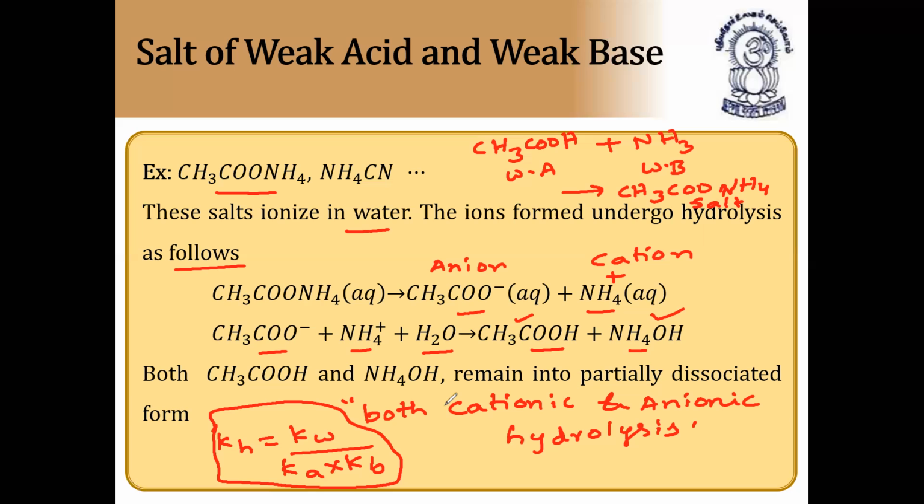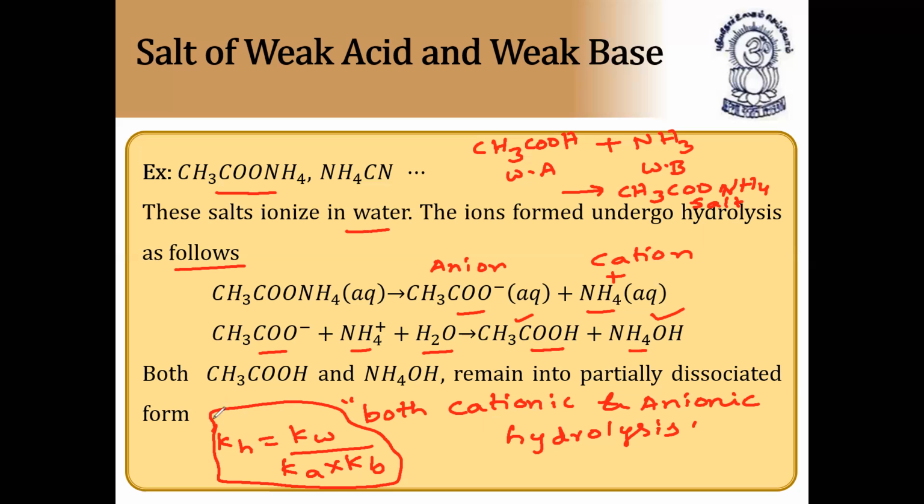The salt of weak acid and weak base undergoes hydrolysis to form weak acid and weak base again. This type of hydrolysis is called both cationic and anionic hydrolysis, since the cation as well as the anion combines with water to form weak acid as well as weak base.